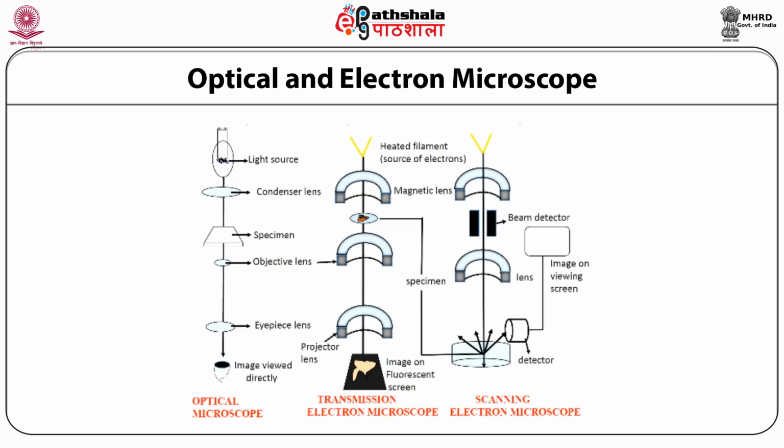Generally, objects with dimensions less than half the wavelength of the microscope's illumination source cannot be visible under the microscope. Optical microscopes use visible light, which has a minimum wavelength of 400 nanometer, and cannot image objects smaller than 200 nanometer.